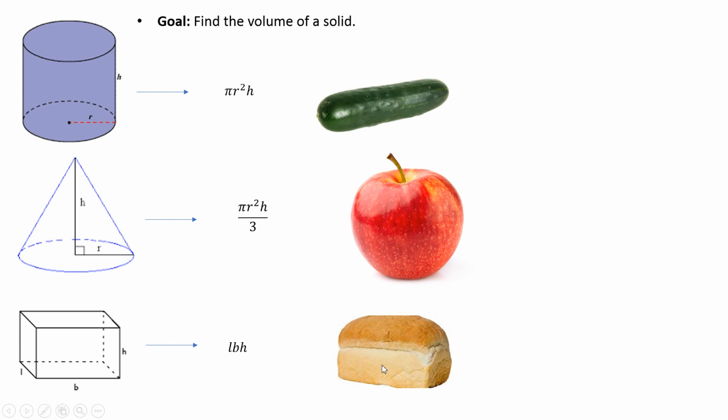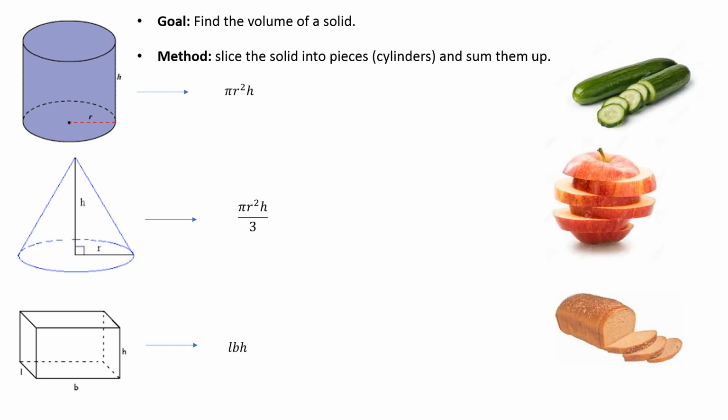The answer is to slice the solid into small pieces, that is small cylinders, find the volumes of these small pieces, and then sum them up to find the volume of the object. So we have to slice all this into smaller pieces.